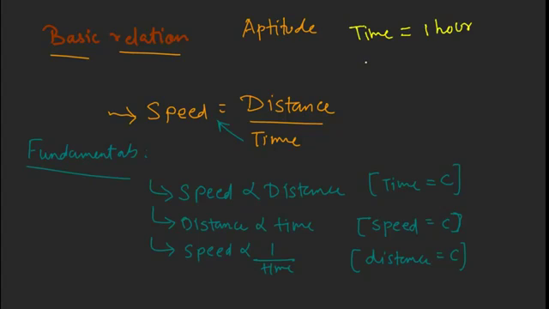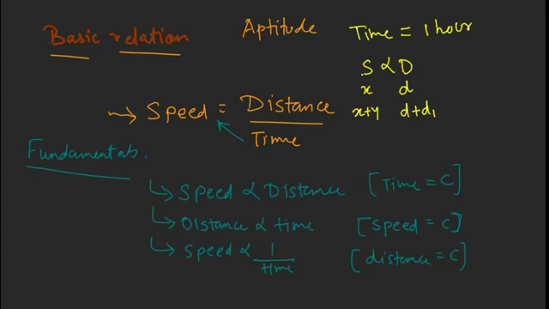For 1 hour, if you travel at some speed x, then you may cover some distance d. Now you travel at some increased speed x plus y, then your distance is sure to increase, say d plus d1.